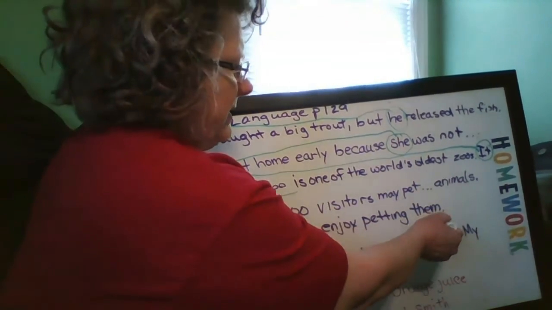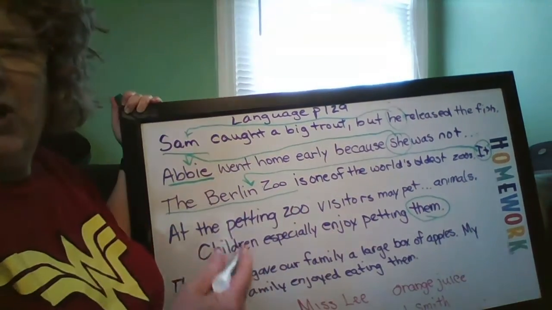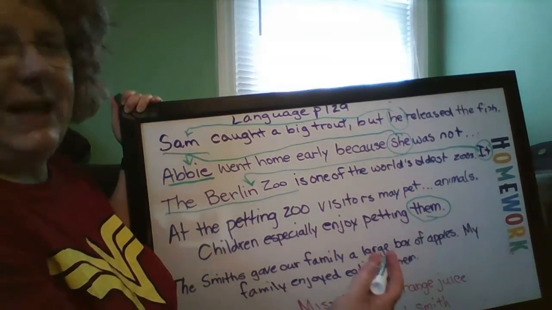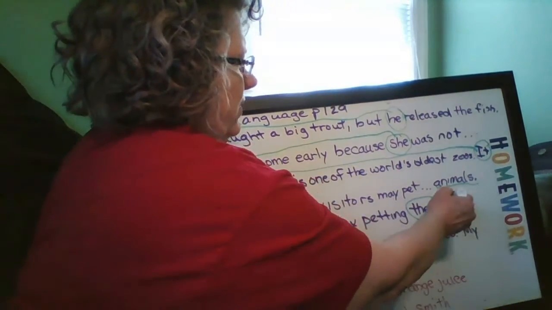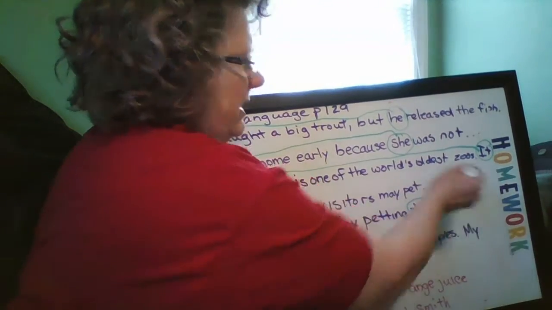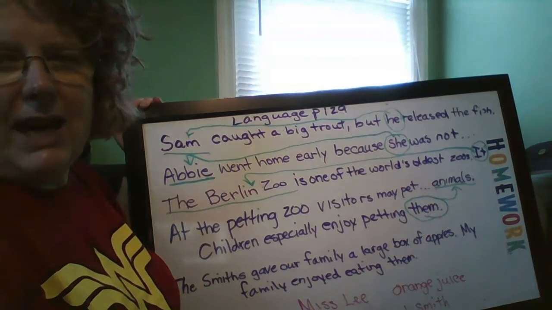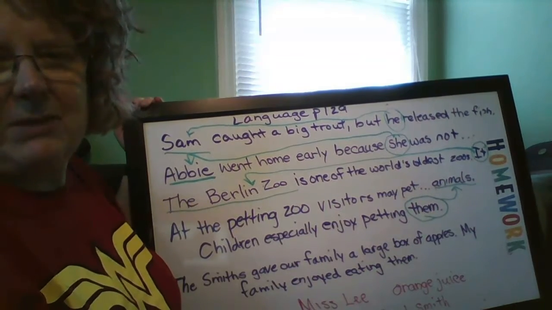Okay? This one's a little trickier because here we have our word them. Children enjoy petting what? The animals. So you should have a line under the word animals and an arrow connecting them to animals.